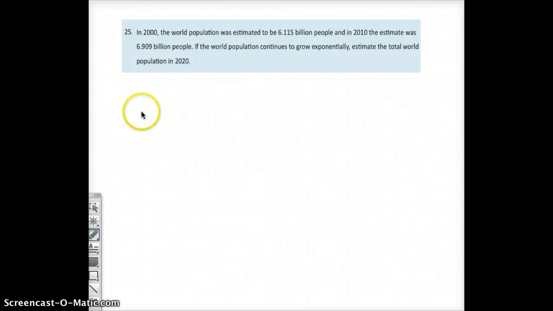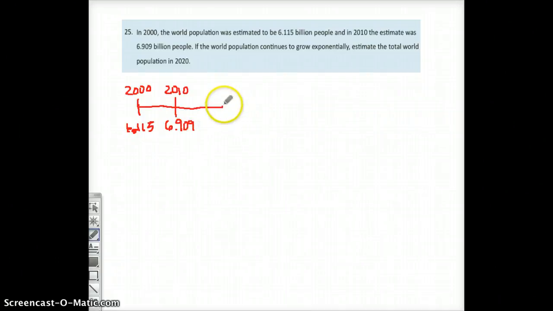All right, so a couple things about this problem. First, I would sort of do a little timeline here, okay? A timeline. In 2000, this is time, it was 6.115. And in 2010, there was 6.909.